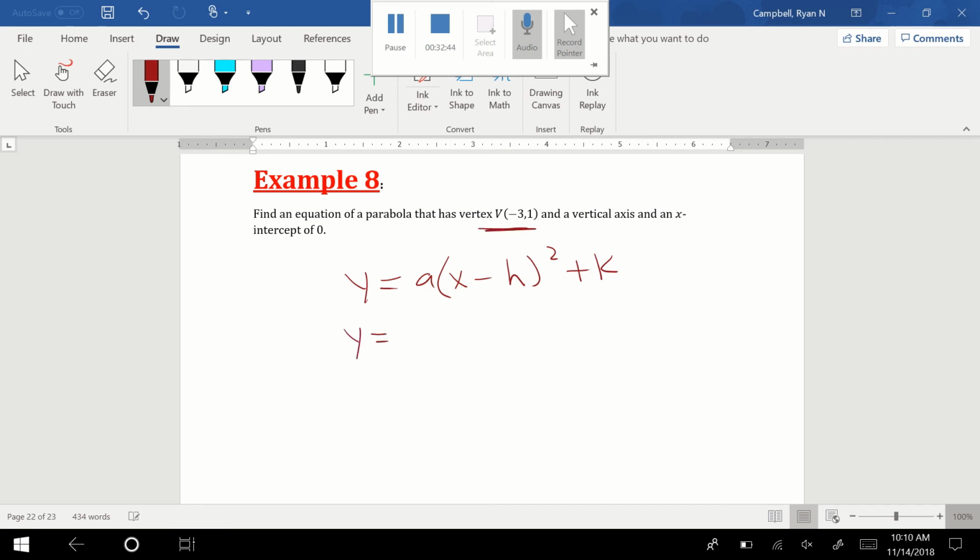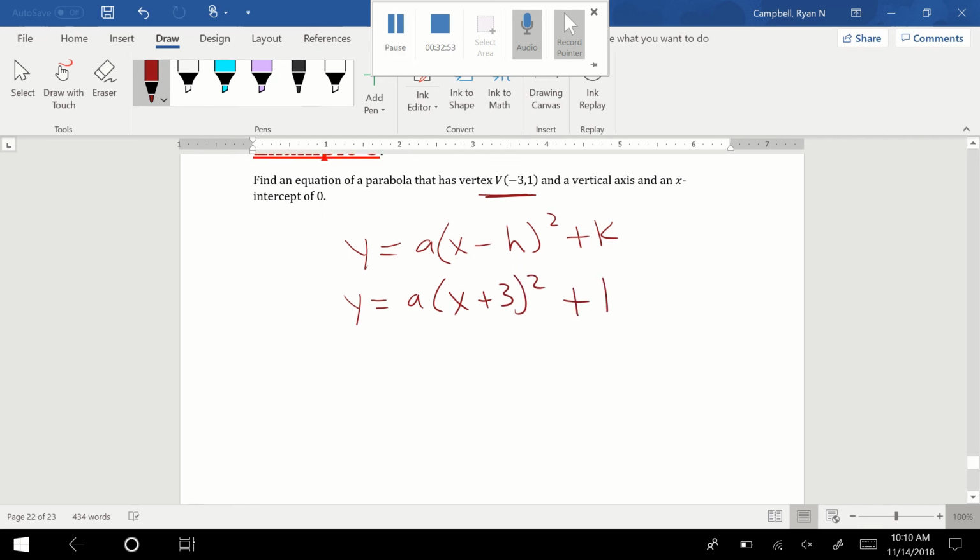So with the vertex, y equals a times x plus 3 squared plus 1. If we have an x-intercept at 0, what's the point that we are actually going to plug in? The point we're going to plug in should be 0, 0. So we plug in 0 for x and y, solve for a, plug it back in, and we're done.